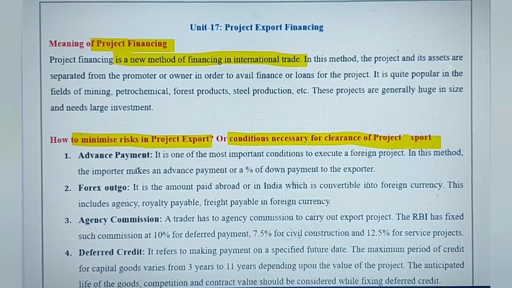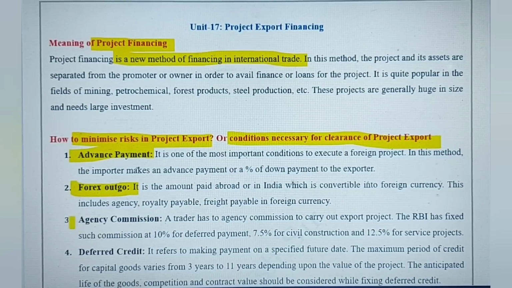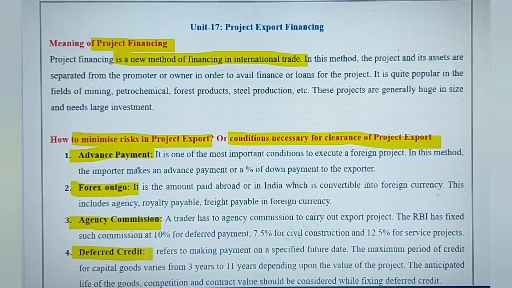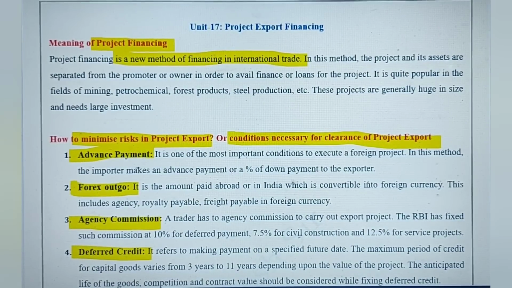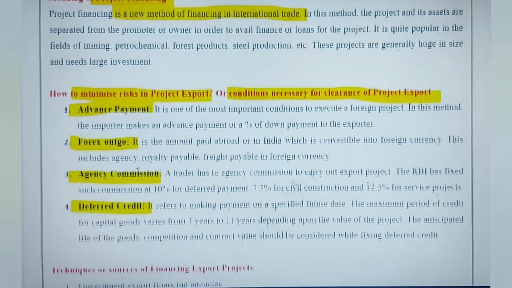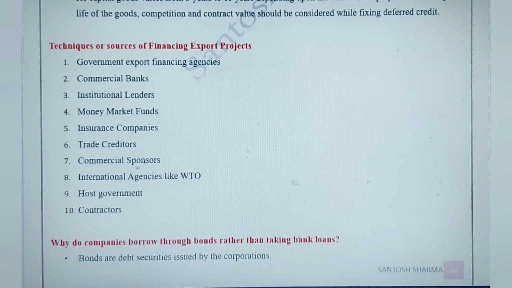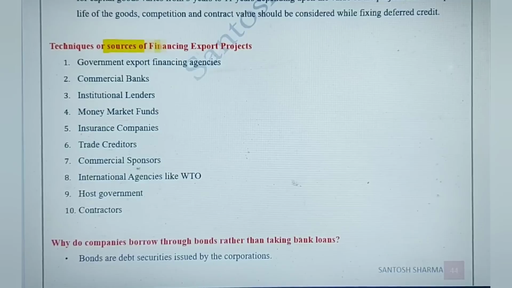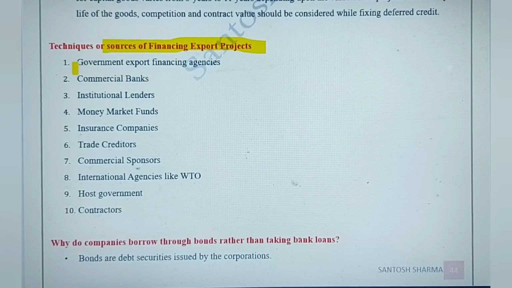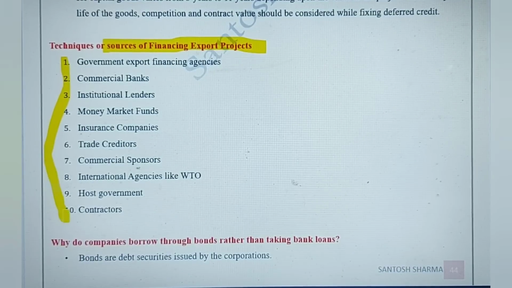You can look at this for the exams too, like to minimize the risk, for example taking advance payment, then forex outgo, agency commission, deferred credit. So there are many such steps which reduce the risk. And these are the different sources of financing the export project. So all these things need to be explained.